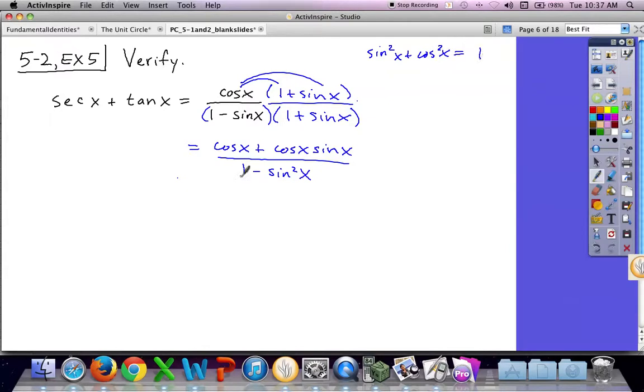If I want to substitute for 1 minus sine squared, then let me subtract sine squared to the other side, and I can substitute cosine squared. So this is cosine x plus cosine x sine x divided by cosine squared x.